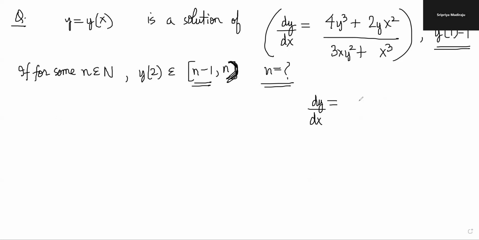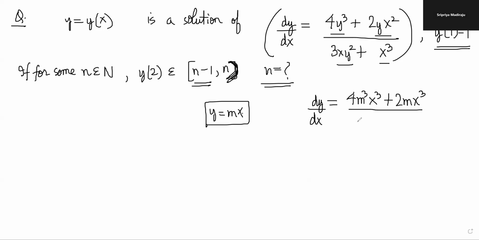Yeah, I just wrote y is equal to mx and then I solved it. The equation is obviously homogeneous, so y is equal to mx. When you do that, then what will come? Yeah, so you'll get m plus x dm by dx is equal to 4m cube plus 2m by 3m square plus 1. x cube will cancel from everywhere.